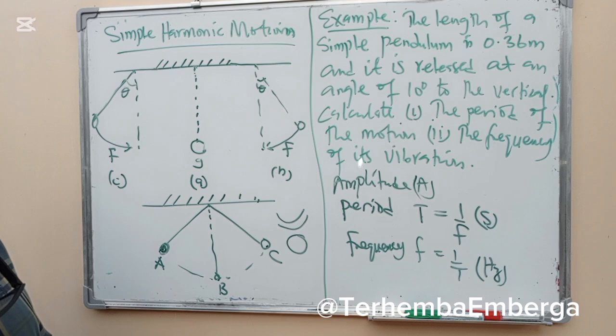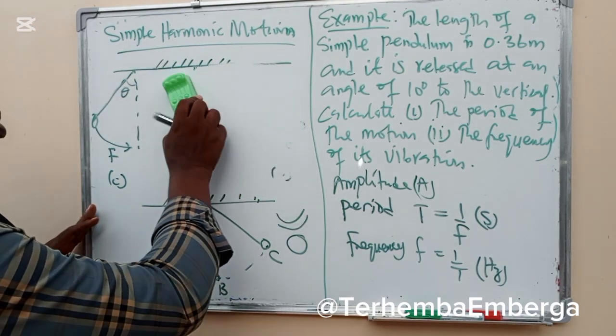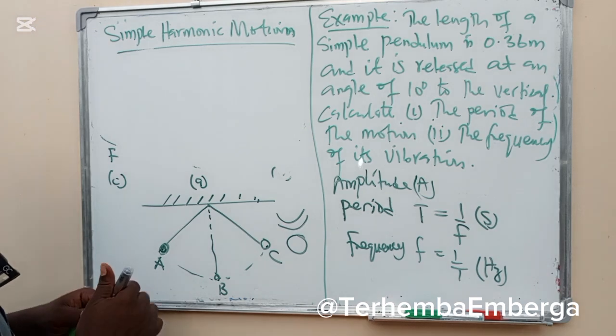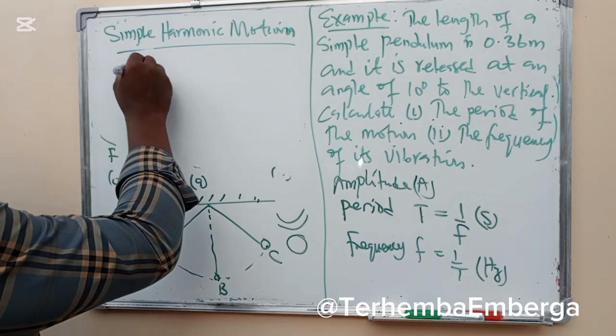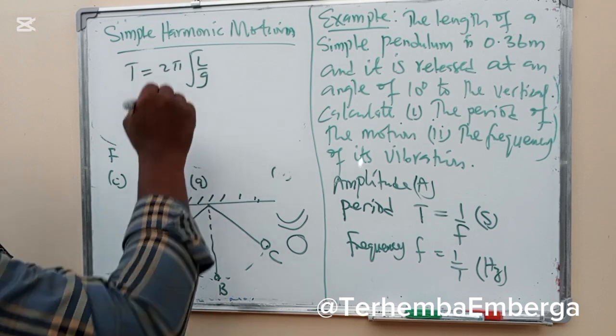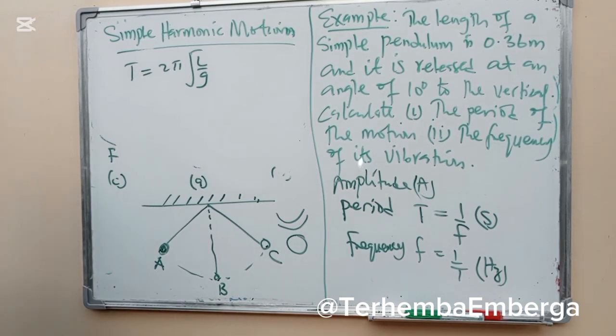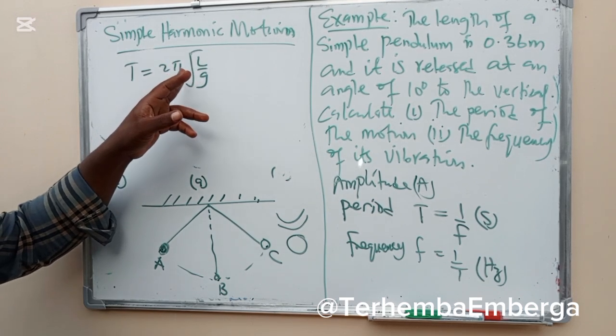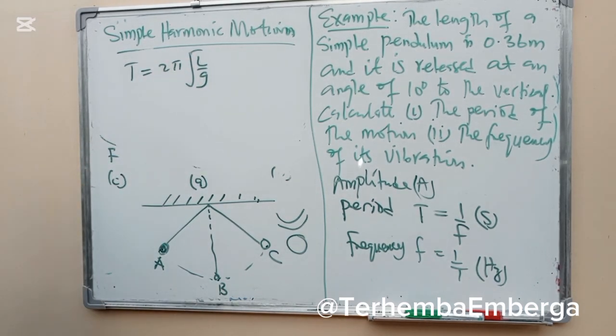But if length is involved, we can say that period is equal to 2 pi square root of L over g. If length is involved, then period can be given as 2 pi square root of L over g.